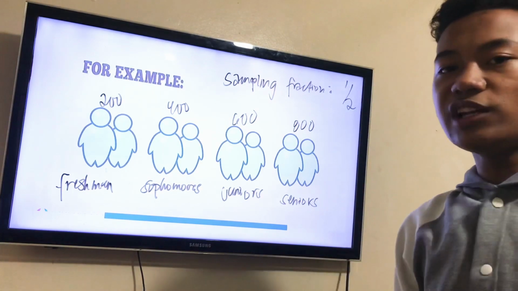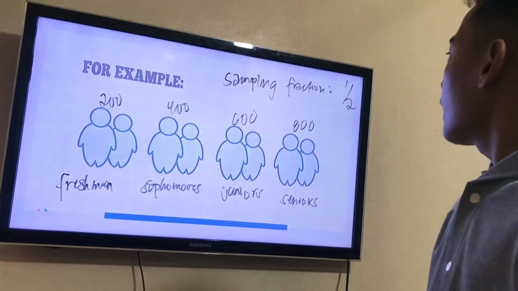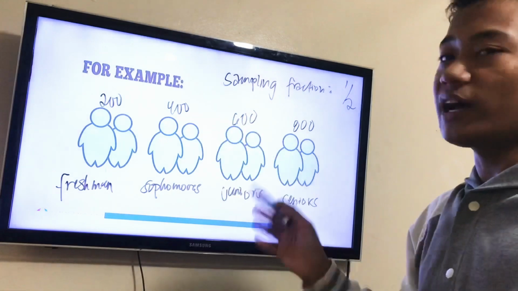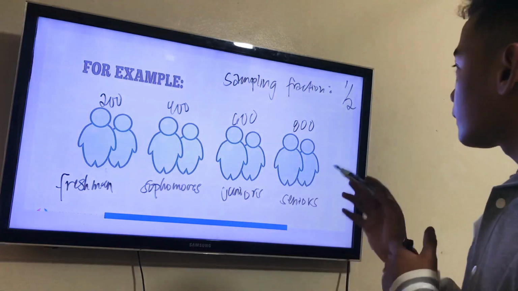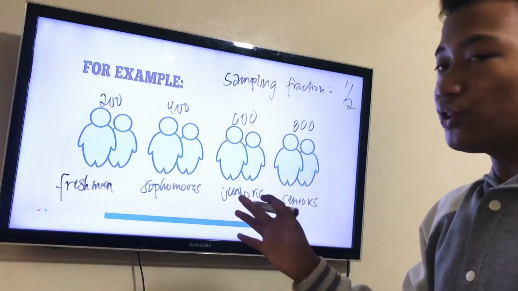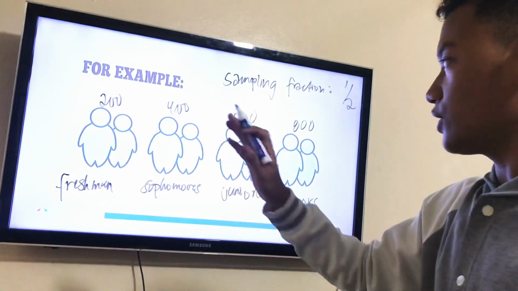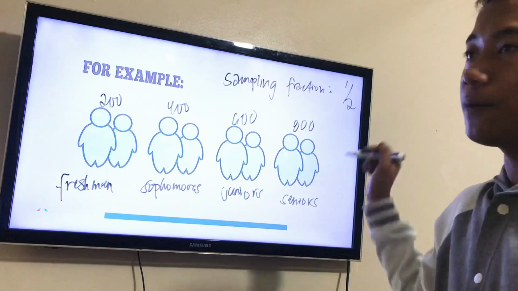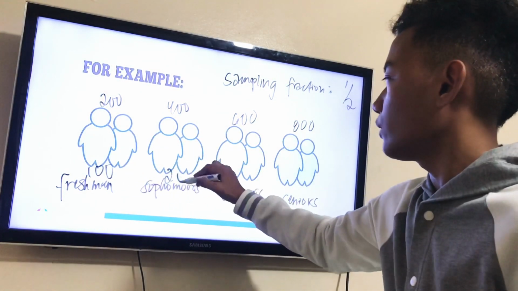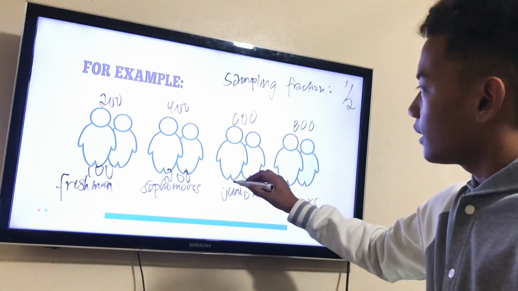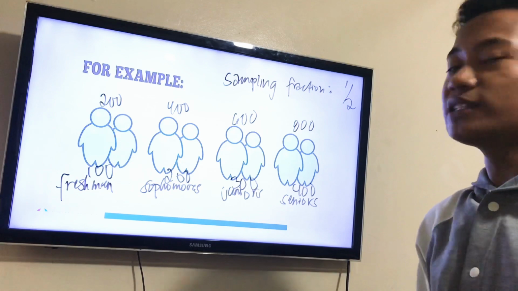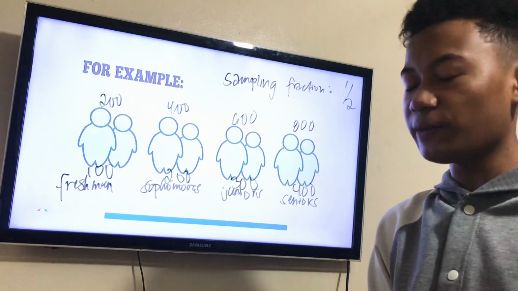So in proportionate random sample, I'm going to decide what is the sampling fraction of each strata. So I decided to do the 1/2, and I'm going to randomly sample this 4 strata by 1/2. So I'm going to get 100 sample, 200 sample, 300 sample, and 400 sample. So that's how you do the proportionate stratified random sampling.